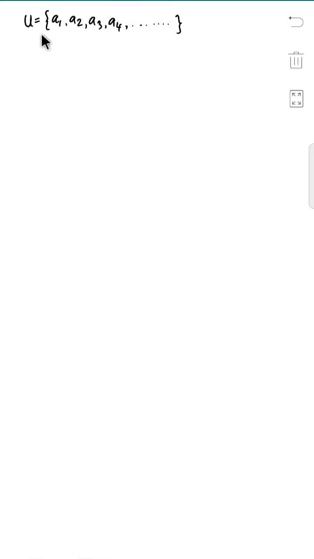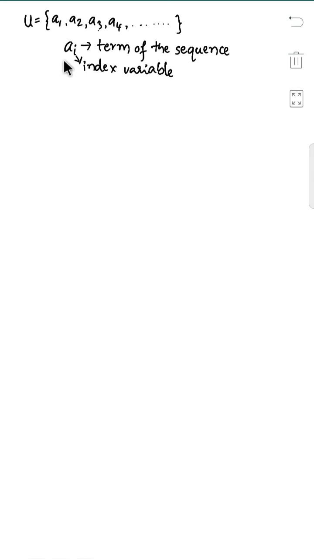Each of a1, a2, a3, a4 is called a term of the sequence. In general, ai is the term of the sequence, and here i is the index variable.